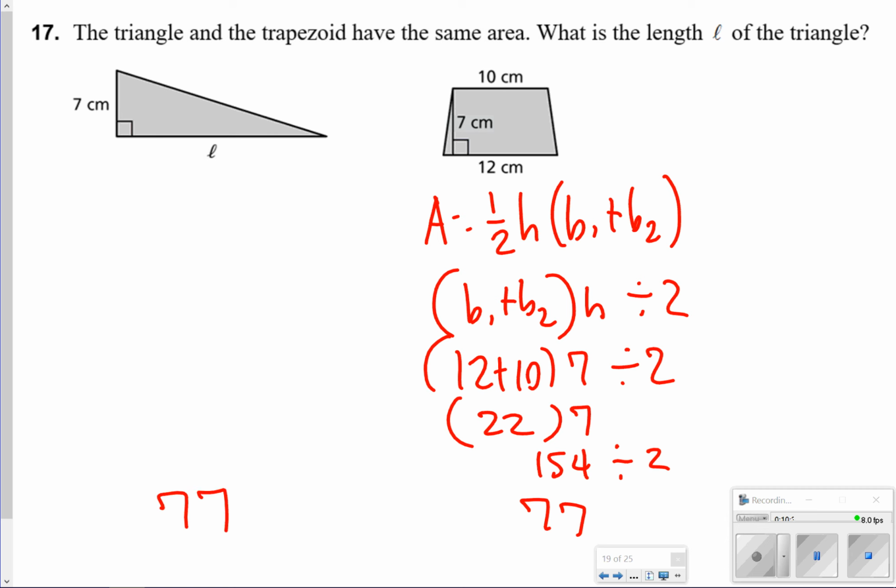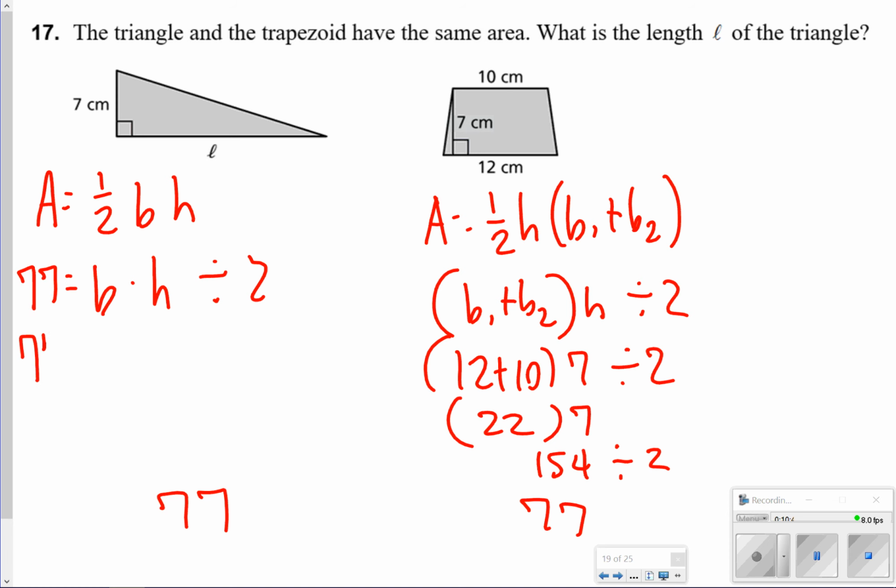I know that for a triangle, I need to find the area by doing half of the base times height, or better yet, base times height divided by 2. Area needs to be equal to 77 though. I know that one of my numbers is given to me. The height is 7. So what I can do is maybe undo these two operations. I know the opposite of dividing by 2 is multiplying by 2.